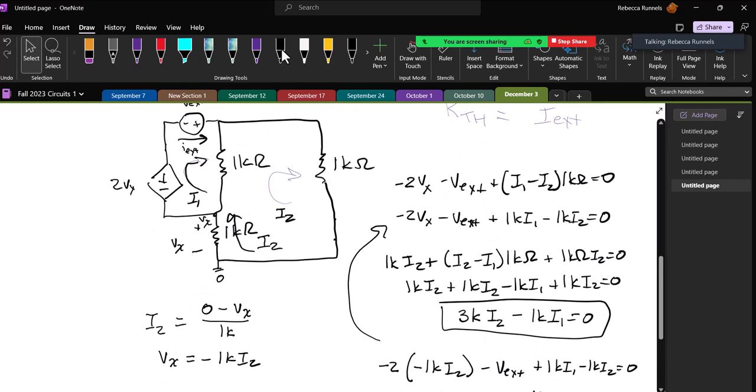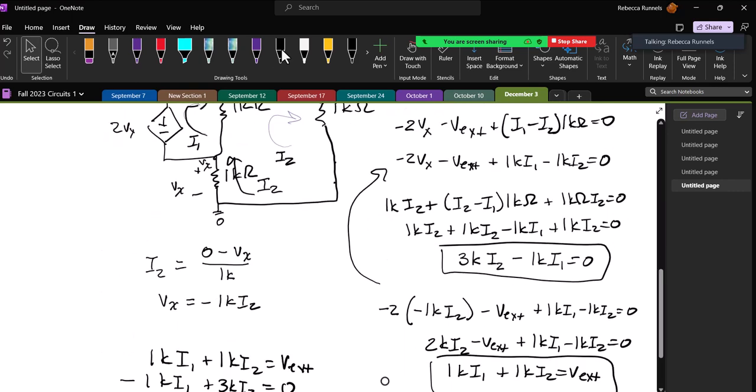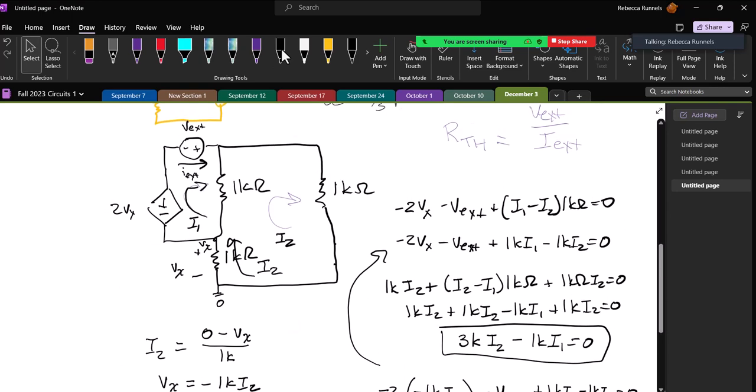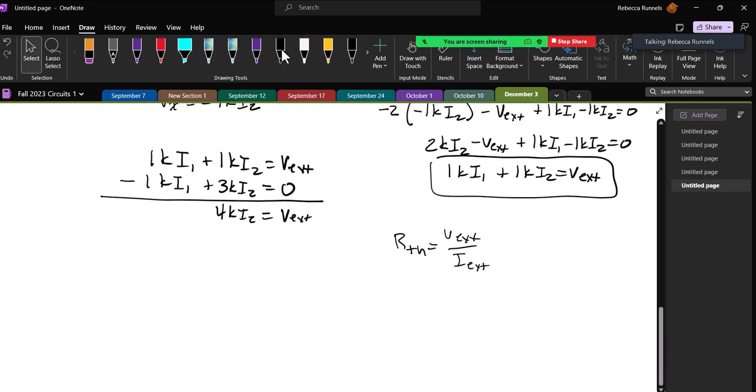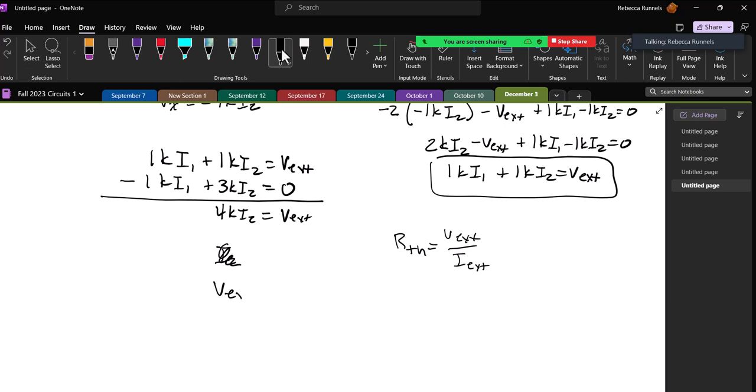Well, let's take a look at I external and see what it is. I external is I1, so we'll come back to that in a second. So V external over I2 equals 4k.